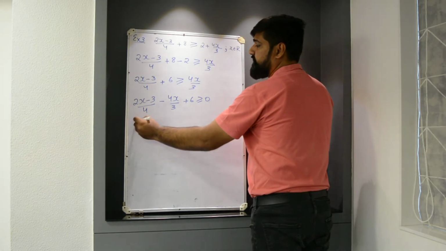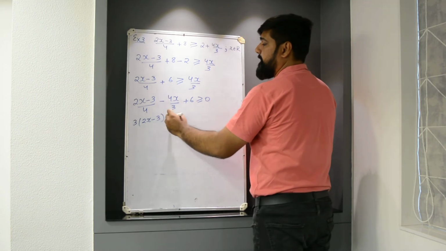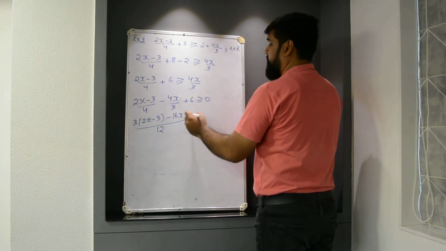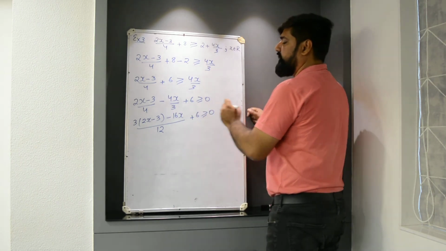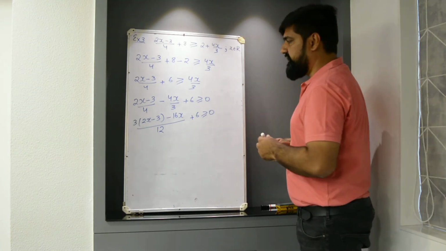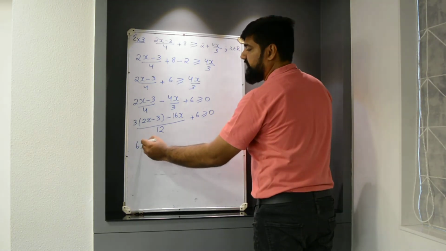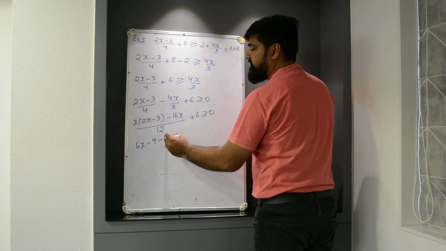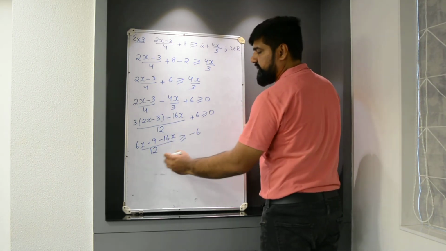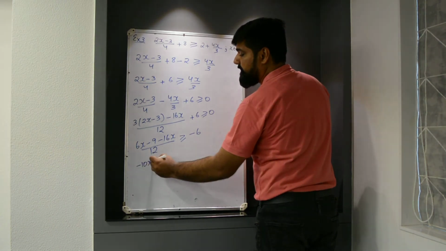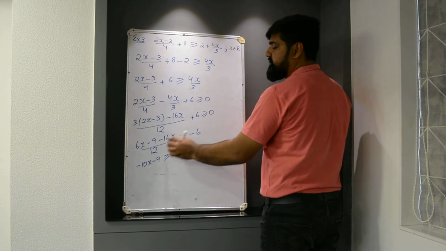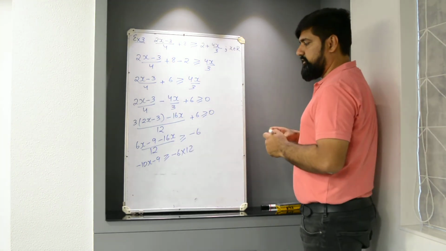Again, let us take LCM. So this will be (6x minus 9 minus 16x)/12 plus 6 is greater than or equal to 0. In the next step, I'll move this plus 6 to that side, it will become minus 6. So this will become (6x minus 9 minus 16x)/12 is greater than or equal to minus 6. So this will be (minus 10x minus 9) is greater than or equal to minus 6 into 12. This 12 I move to this side for multiplication.